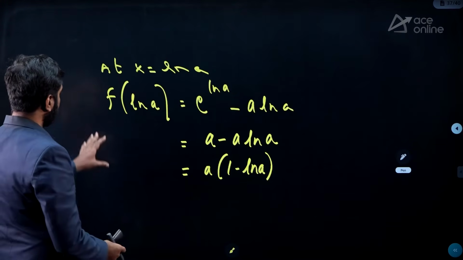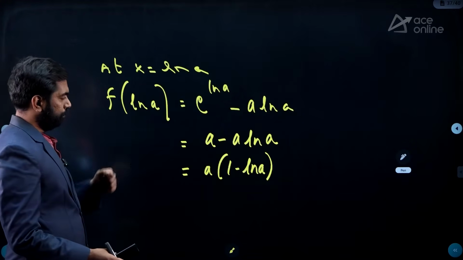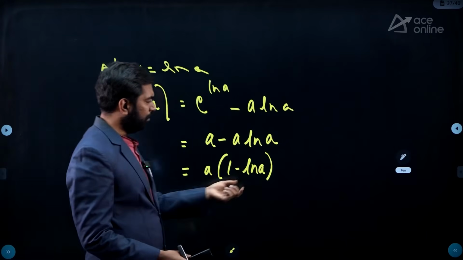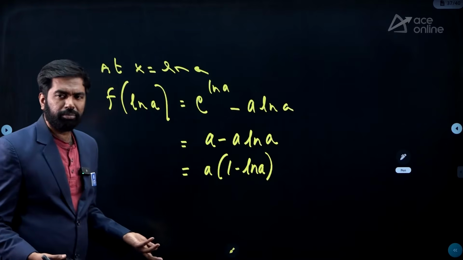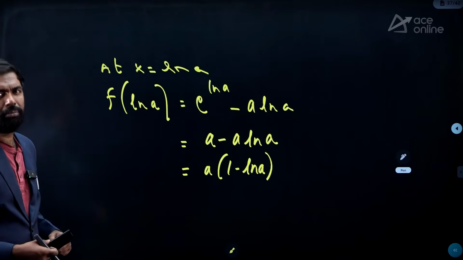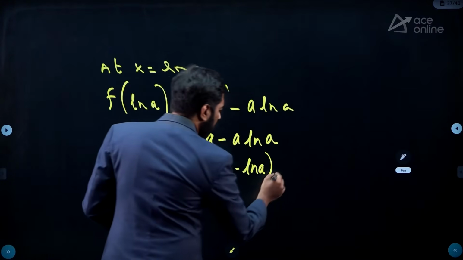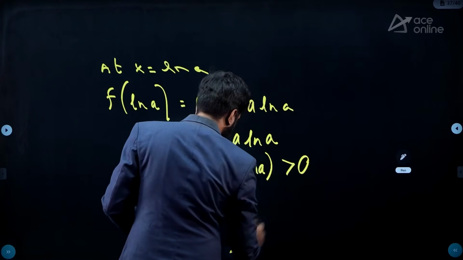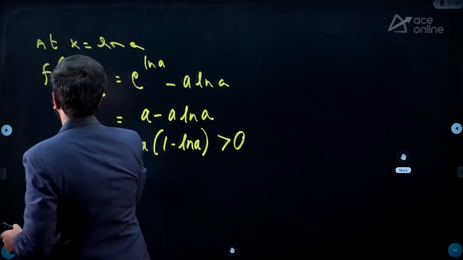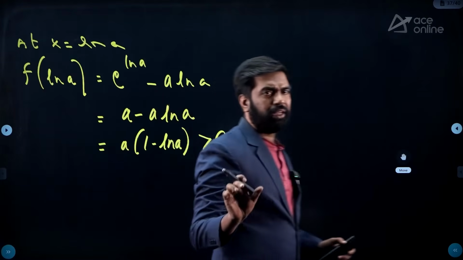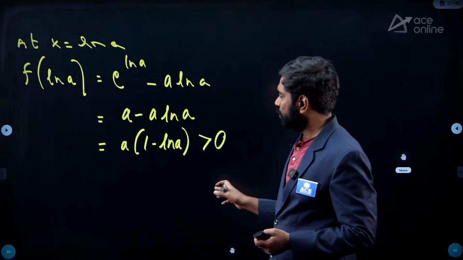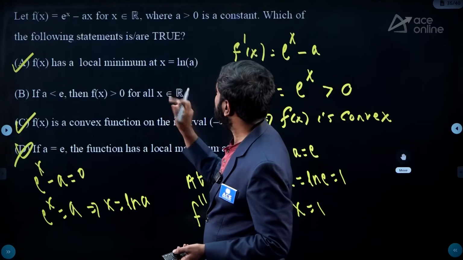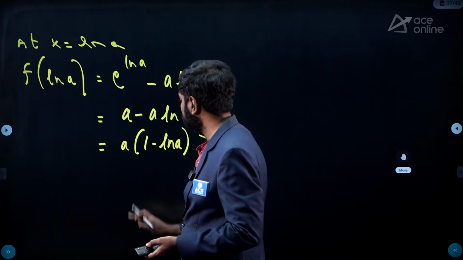Students, this is the minimum value. If I show that the minimum value itself is positive, then every other value will also be positive. I want to know when this is greater than 0. So they said in the problem that a is positive, so we are not having any problem with this.